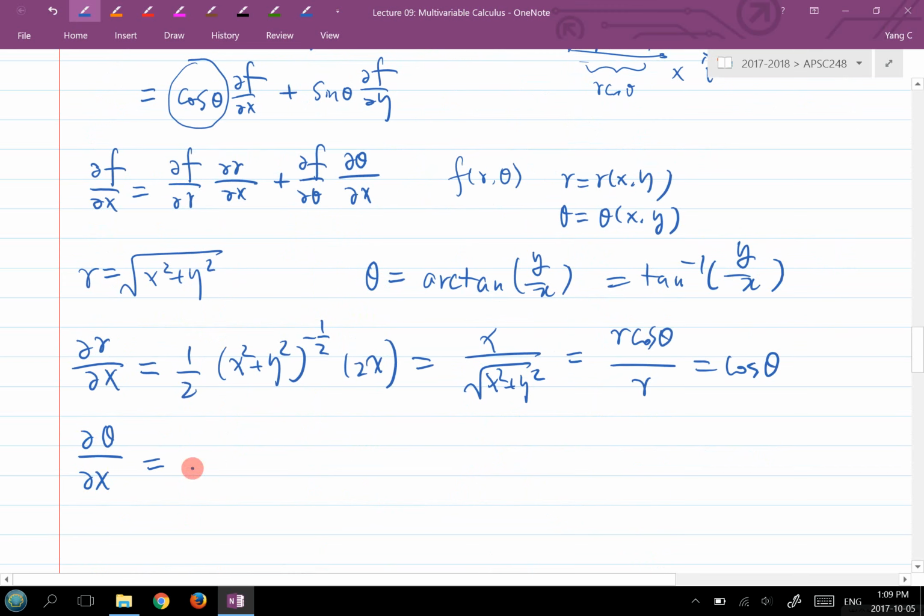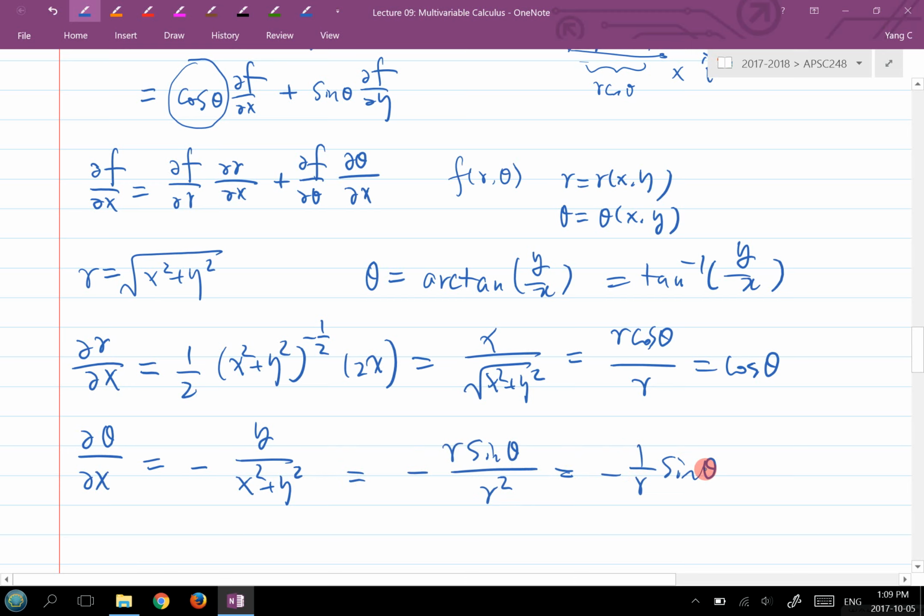You get negative y over x squared plus y squared. And then y is r sine theta, and the bottom here is r squared. So the overall is negative 1 over r times sine theta.